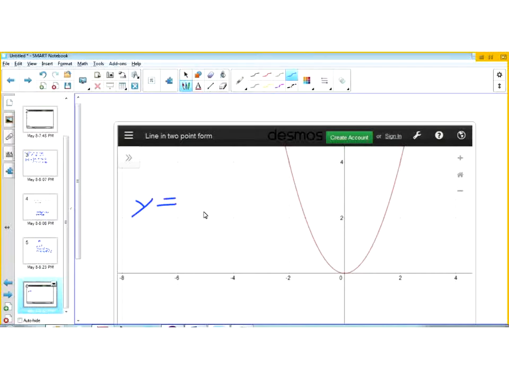Here we have y is equal to x squared, and we claim that it has even symmetry, which it does.